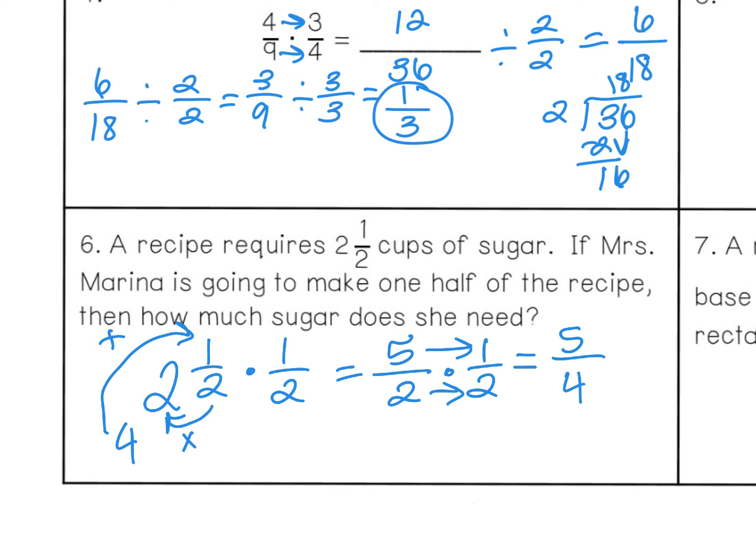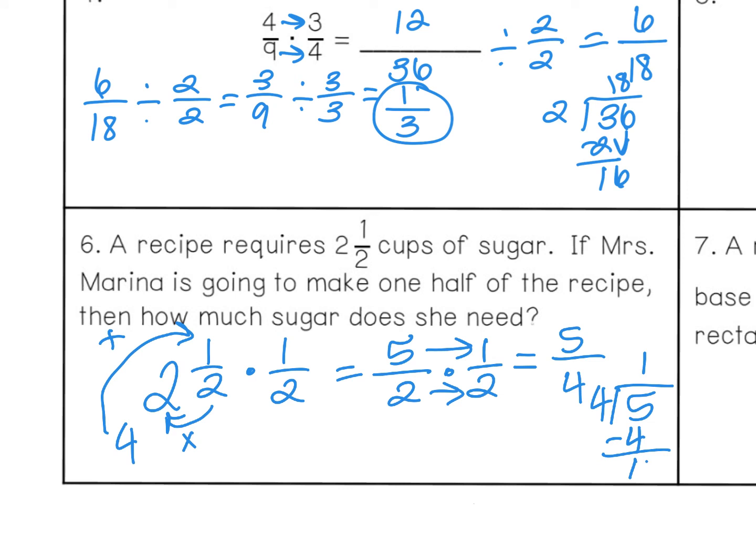So in order to do that, I'm going to divide 5 by 4. Since 5 is my top number, it's going inside of my division box. 4 goes into 5 one time evenly, giving me a remainder of 1.